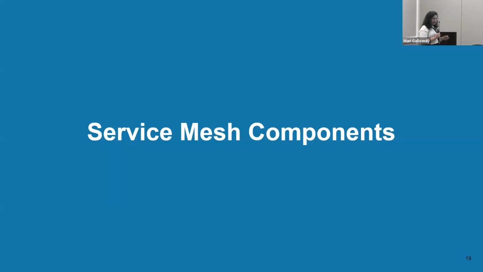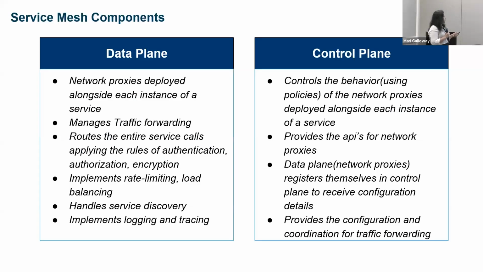So what are the components of the service mesh? Service mesh consists of two major components that we need to deploy into our environment. These are the data plane and the control plane. The data plane consists of network proxies that are deployed alongside each of the microservices.